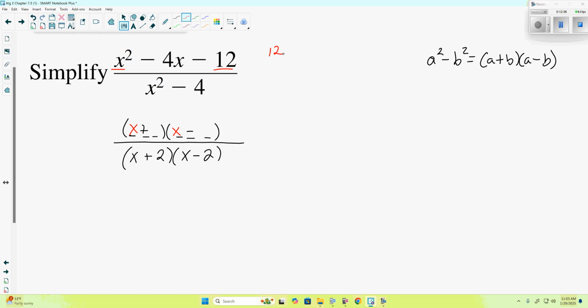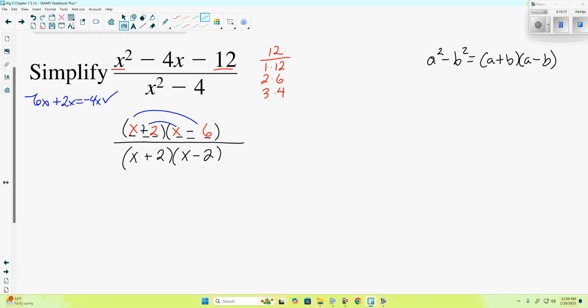Factors of the third term, factors of 12: 2, 6. x plus 2, x minus 6. So we'll do positive 2, negative 6, and if we check this here, x times negative 6 will be negative 6x. 2 times x is plus 2x, giving us negative 4x, the middle term we wanted.